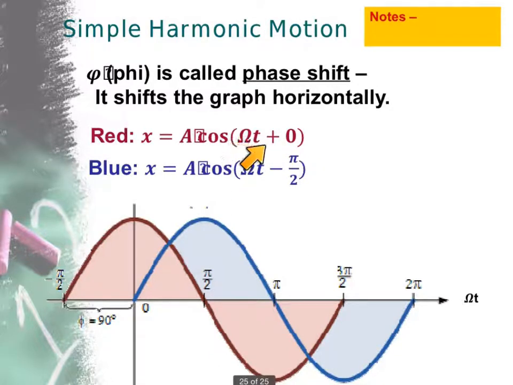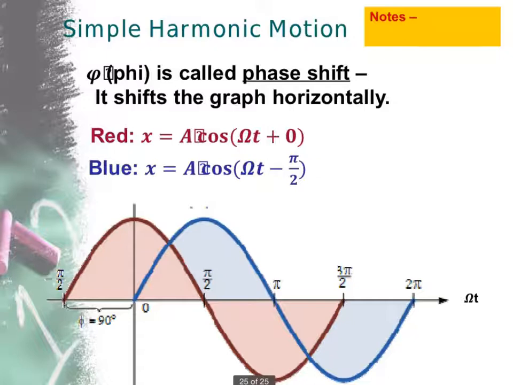When omega times t equals 0, we know that cosine of 0 equals 1, so that should be at its highest point right there. And then when omega t gets to pi over 2, it should go down to 0, which it does. Then it should go all the way down to its minimum when omega t is equal to pi, and then at 3 pi over 2, it should come back up to 0.